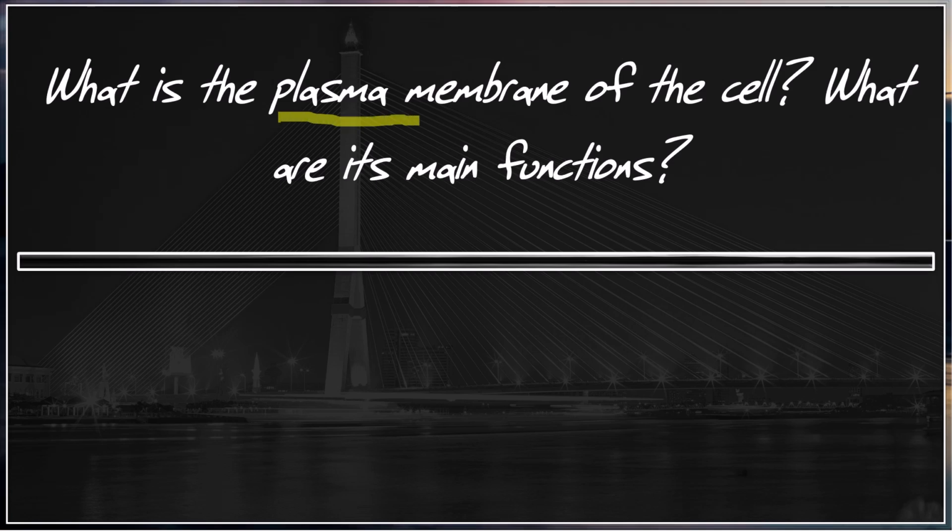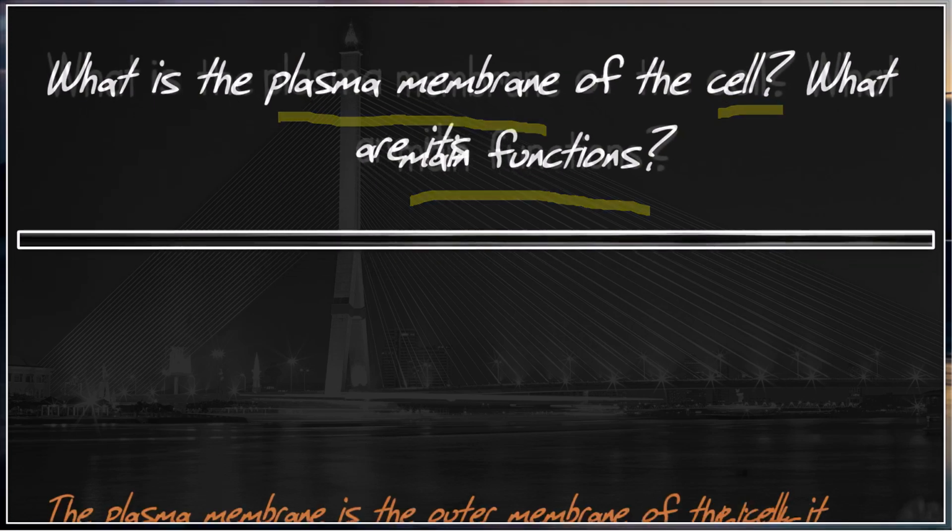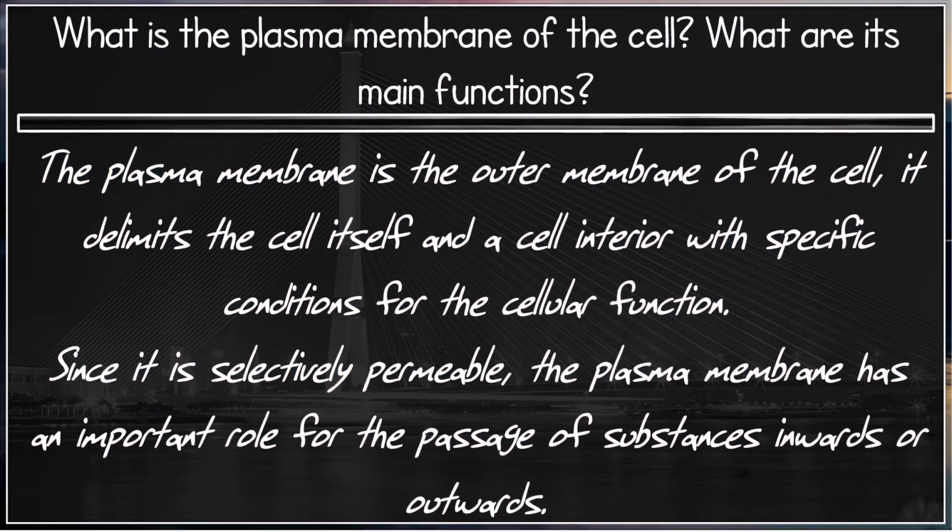What is the plasma membrane of the cell? What are its main functions? The plasma membrane is the outer membrane of the cell.